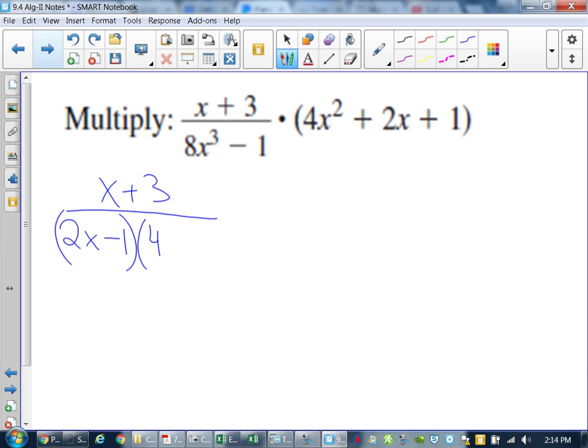So we have a 4x squared plus 2x plus 1 times, hey, look at that. Oh, man, goodbye. And you're done. X plus 3 over 2x minus 1. That's it.